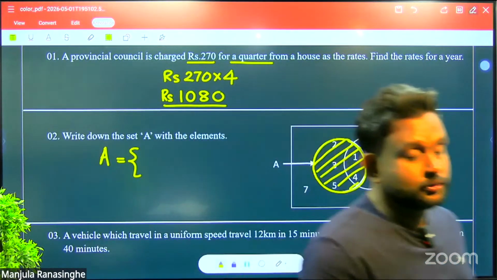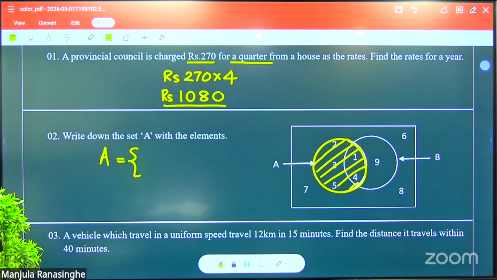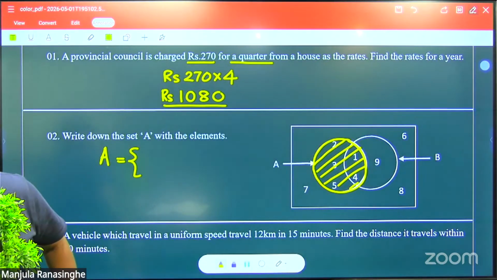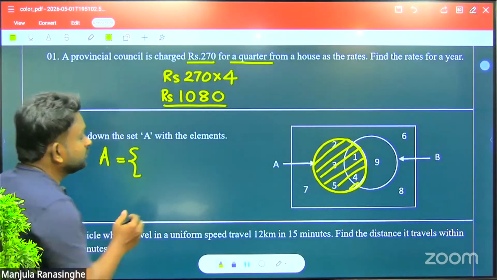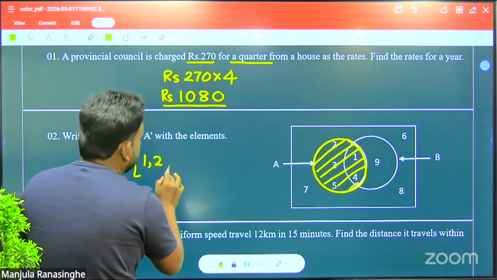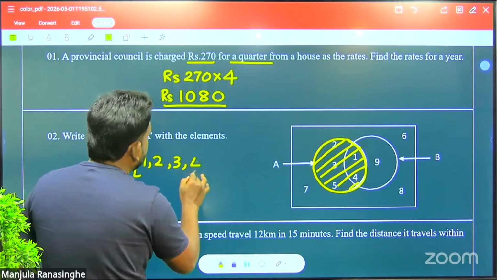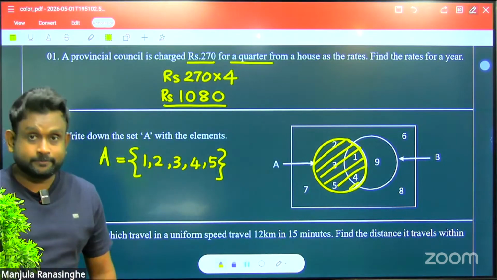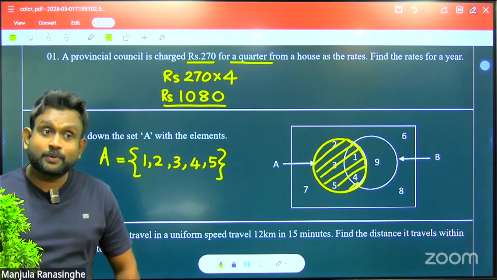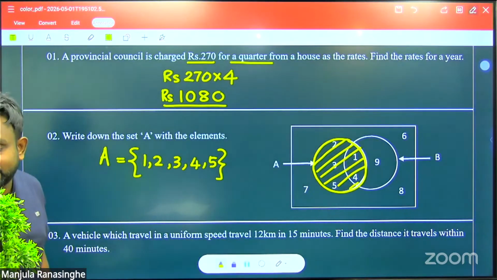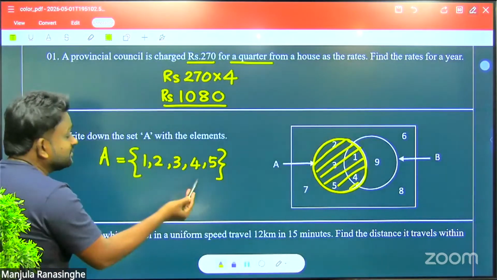How many elements are there here? You can see 1, then 2, then 3, 4, 5. So this is A. If they ask about n(A), that means the number of elements of A, but here this is the answer.